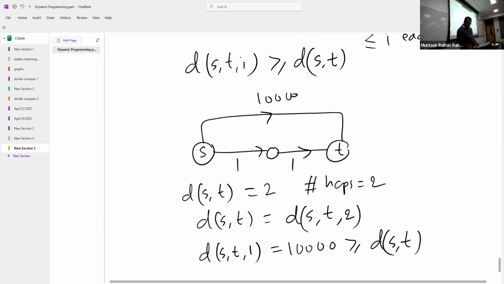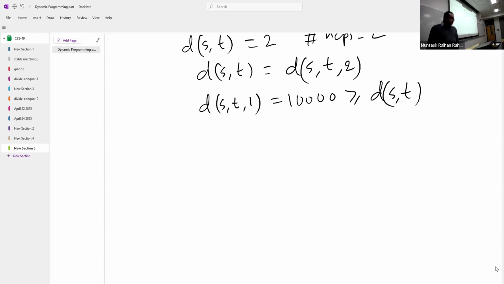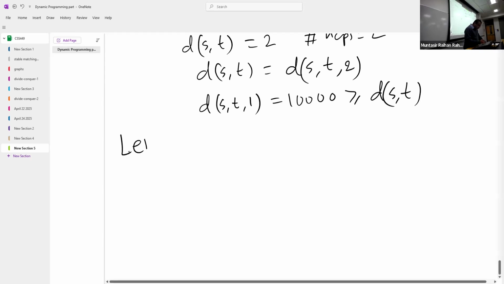So the idea is that if you constrain the number of edges you can have in a path, you might miss opportunities for finding better paths. If you relax the constraint, it's easier to find a better path. That's the idea. Now let's think of a lemma.